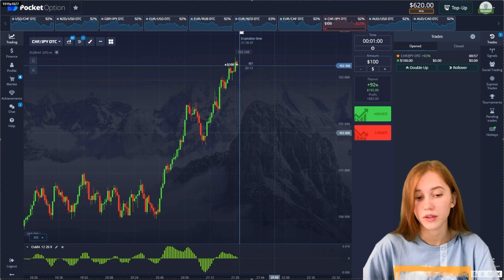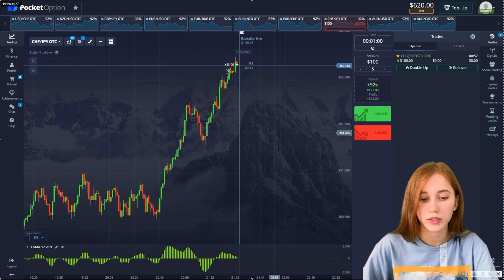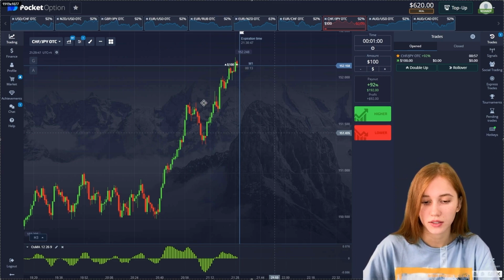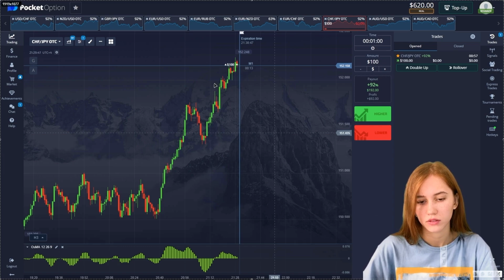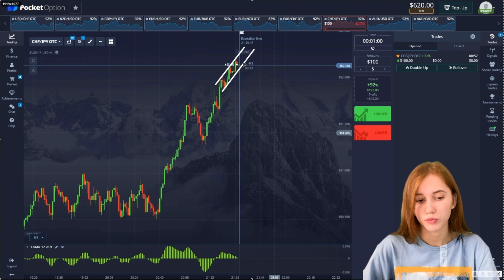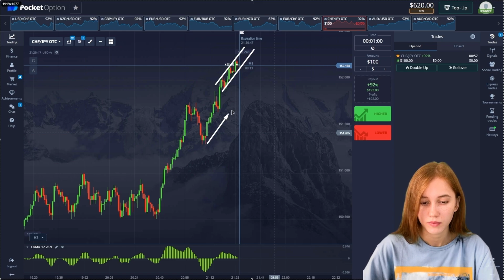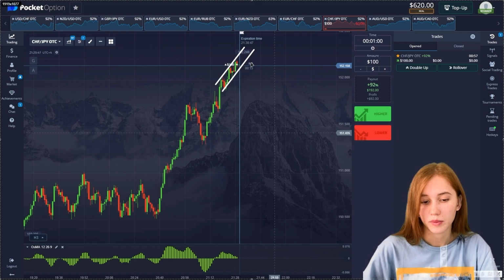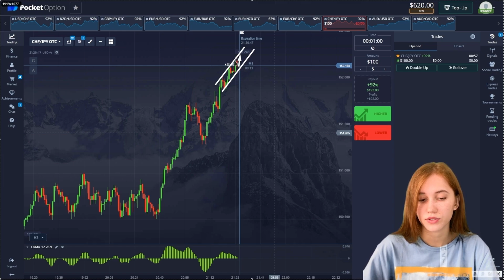Let's figure it out. Well, we'll highlight the resistance area at an angle like this, and the support area narrow. The general trend is upward and therefore we open up. According to the indicator, we see a decline in the trend.